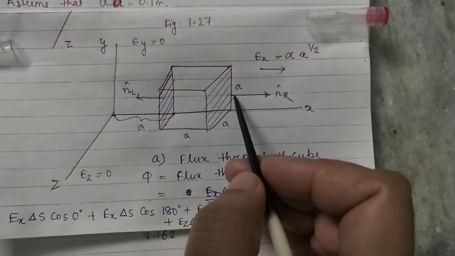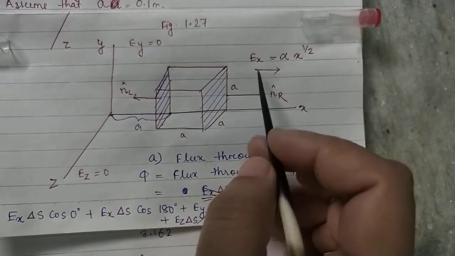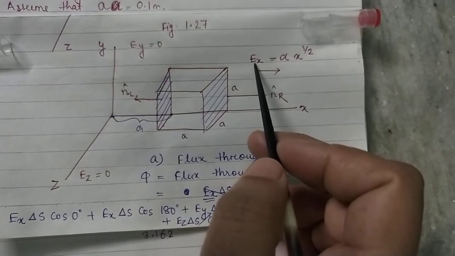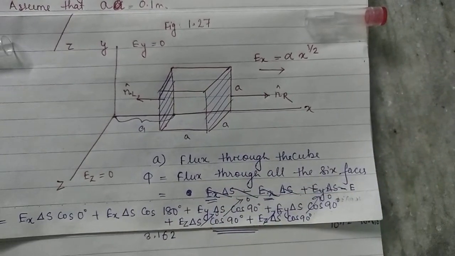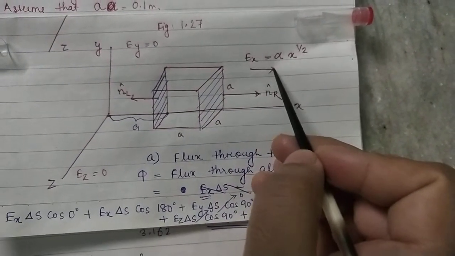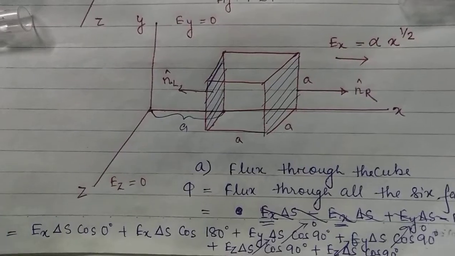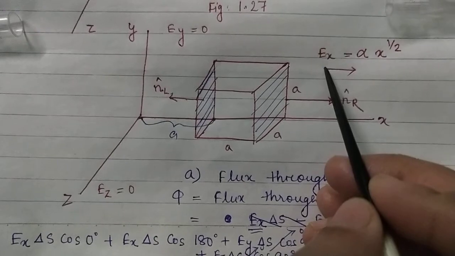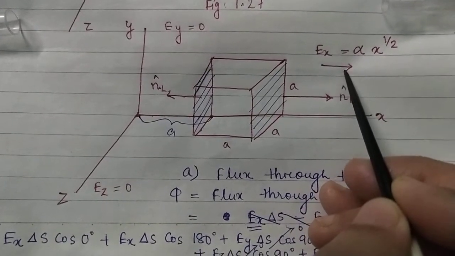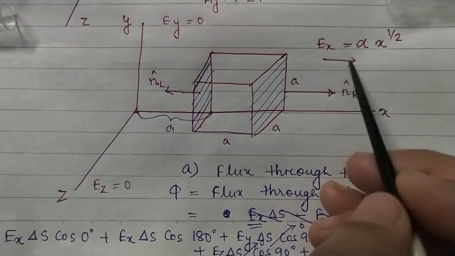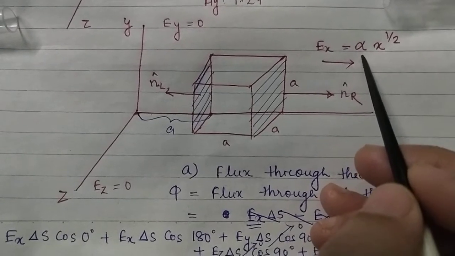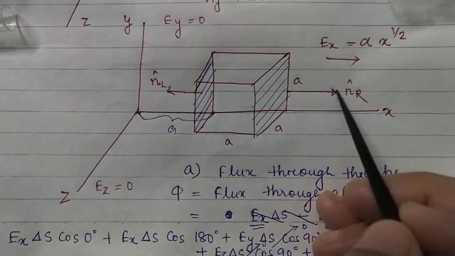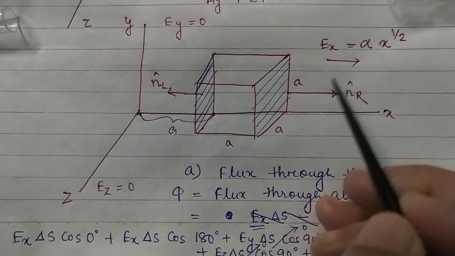Direction with respect to what? Direction with respect to x axis. So here the direction of the x component is along the x axis, it is given. So for this face the direction of electric field is towards positive x, that is we can say i cap, and the area vector is also towards i cap, same direction.